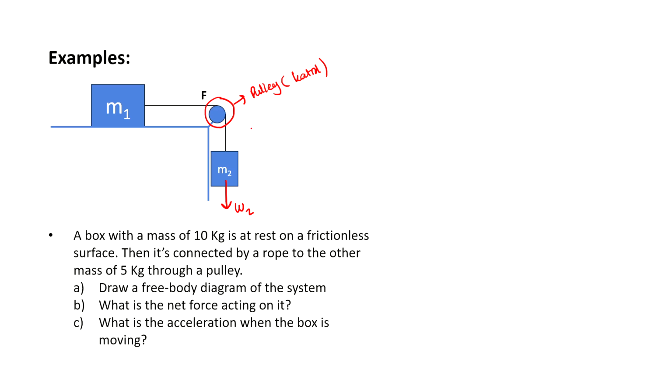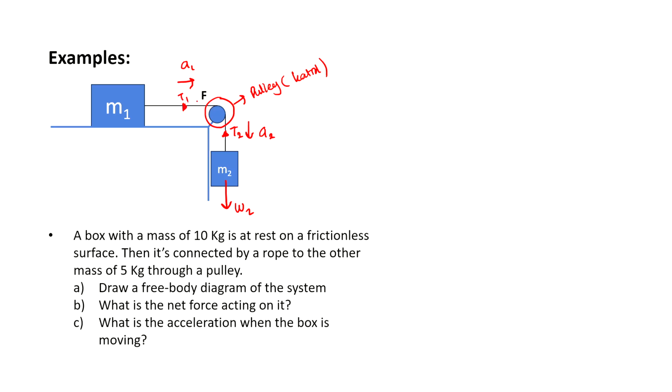Let's say the motion is directed downward on this side, and on this side it will be directed rightward. Let's say this is A1 and this is A2, with the same value. And because there is a rope here, there will be tension forces. This is T2 and this is T1.